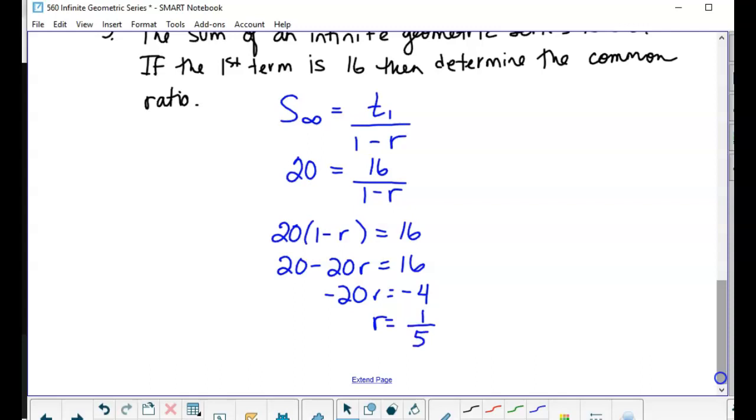So r is 1/5. And it makes sense. If we're told that it's an infinite geometric series that converges to a certain sum, and has a sum, then we know the r value has to be less than 1.